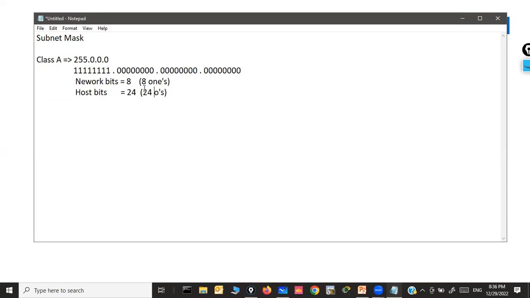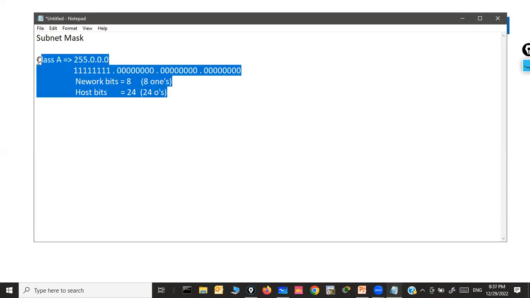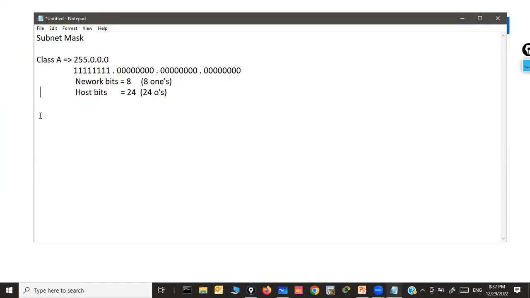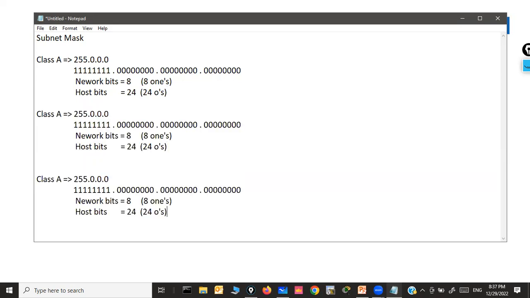So if I write down class B in the same way, and also class C. In class B, 255.255.0.0 is the default mask, and here all ones, 8 ones in each of the first two octets. So 16 network bits, because 16 ones, 16 zeros means 16 host bits.